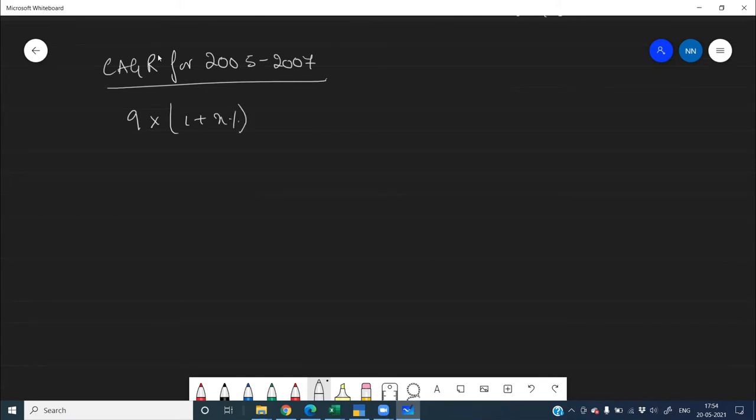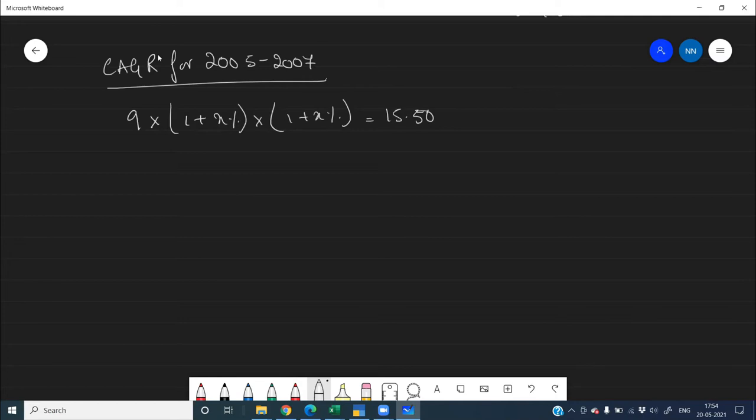So how I will solve it, my CAGR for 2005 to 2007. I will write it as my opening dividend that has been given to me as 9% into 1 plus X percentage into 1 plus X percentage, that is equal to 15.5.